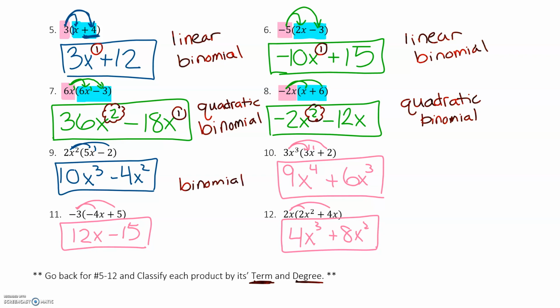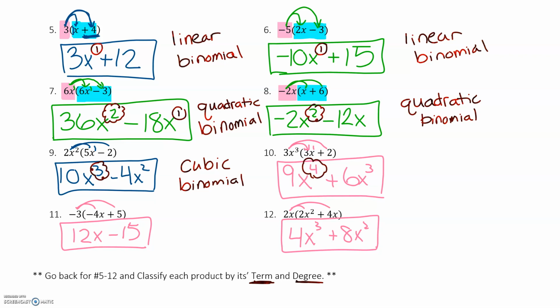But my biggest degree here is now a 3. Does anybody remember? Hopefully you do. 3 is cubic. And if you don't, hopefully you flip back in your paper to remind yourself what the degree of 3 is.